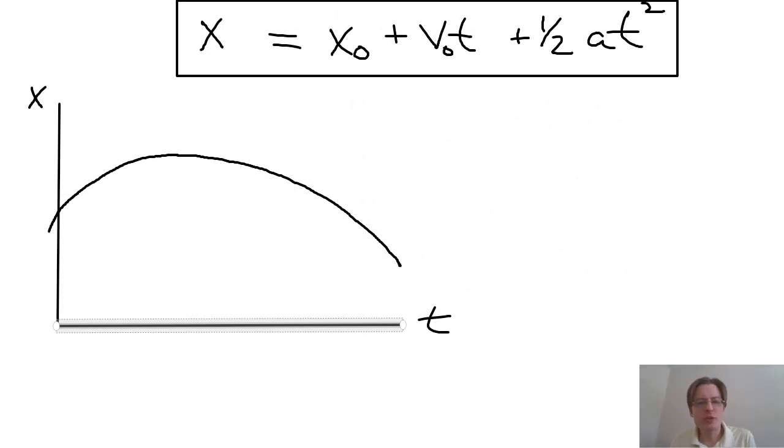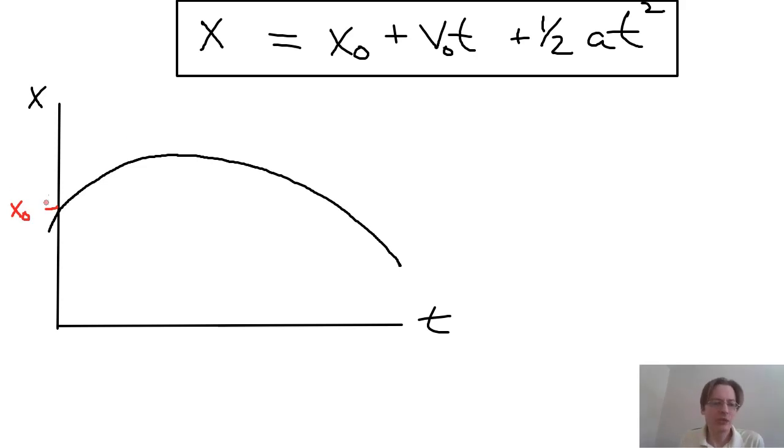So position versus time under constant acceleration looks like a graph of t squared. It's a parabola, in other words. Every term we can understand in the graph. X naught is the initial starting position.